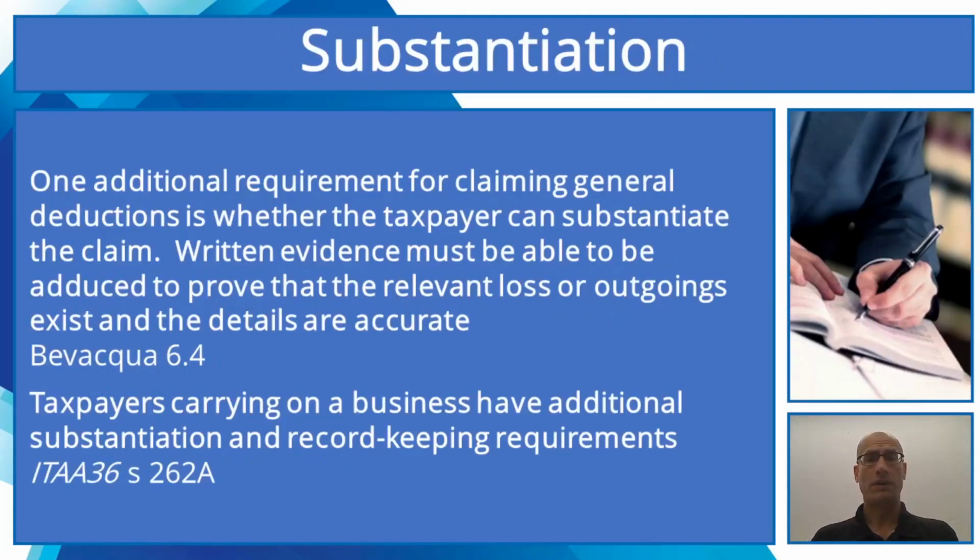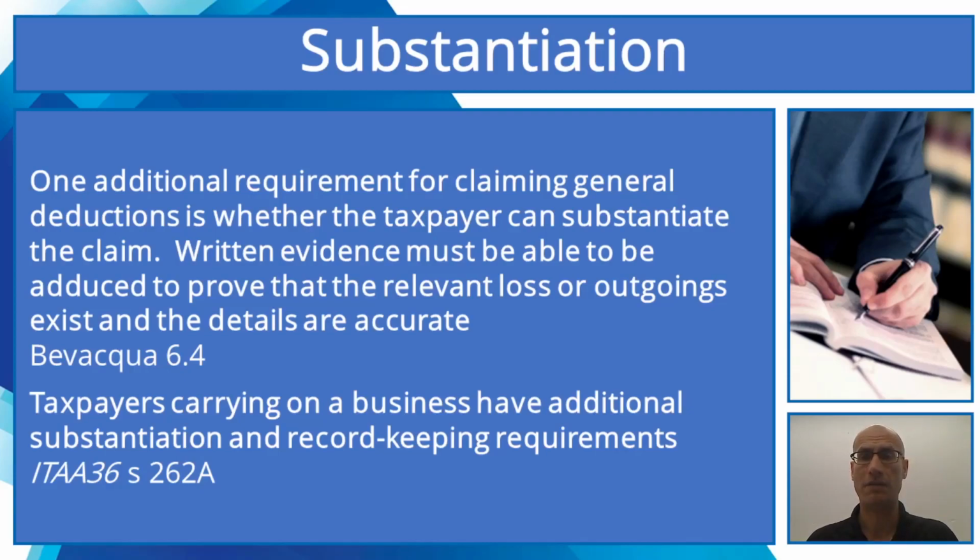One important aspect of claiming deductions under both the general and the specific deduction provisions is this process known as substantiation. It is the final step that the taxpayer must undertake in order to obtain a deduction. If you can't prove a particular loss or outgoing, you can't claim it. It's a pretty straightforward concept, really. Now, the way that you prove things is through written evidence.